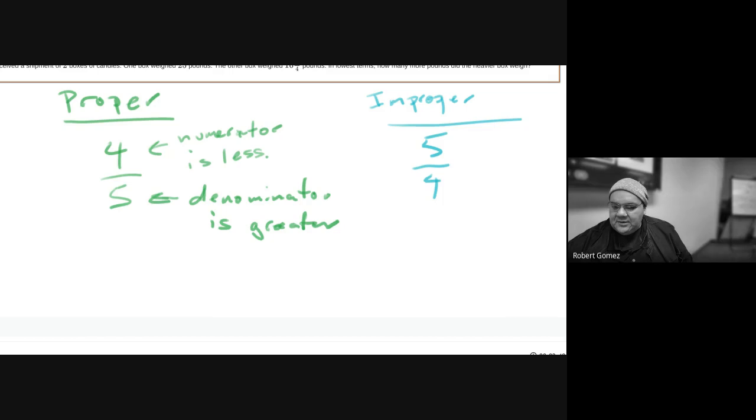So the numerator is greater, and the denominator is less.